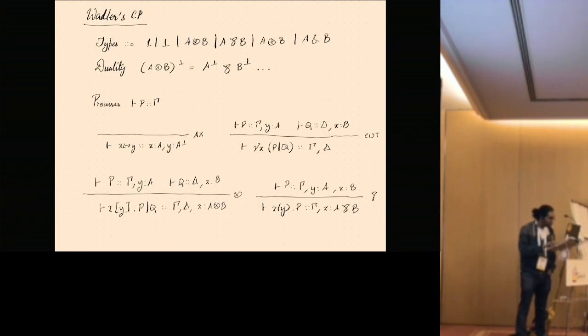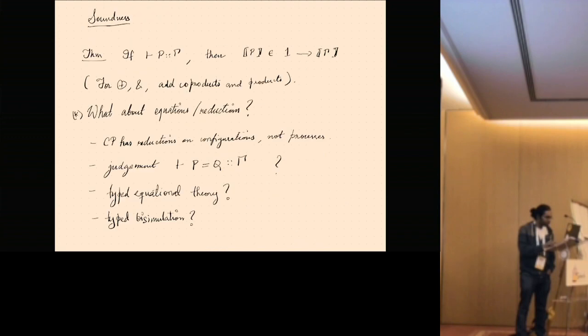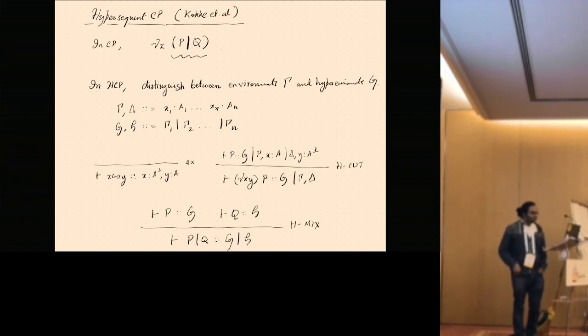I think I wrote the mix rule, among other things. So it splits the normal cut into cut and mix. Mix is just parallel composition, but you don't share a channel yet. And they use hypersequents in order to ensure that it's still deadlock free.